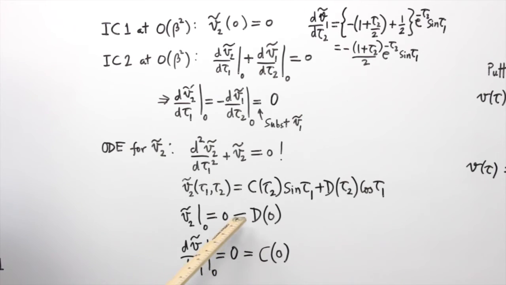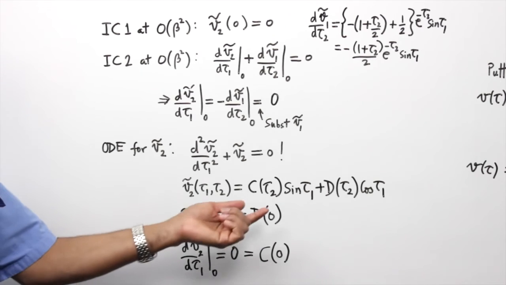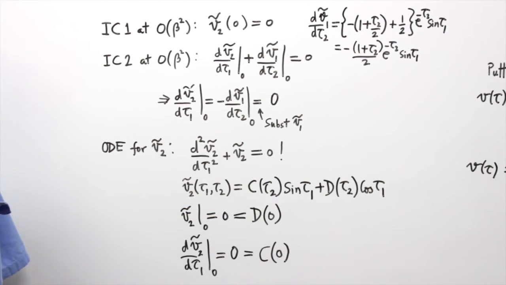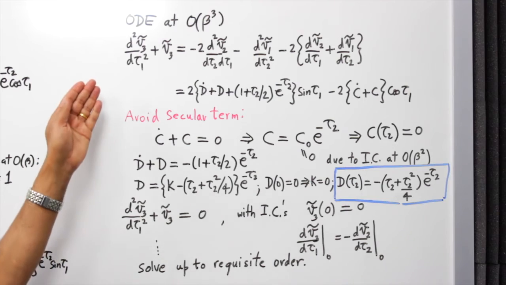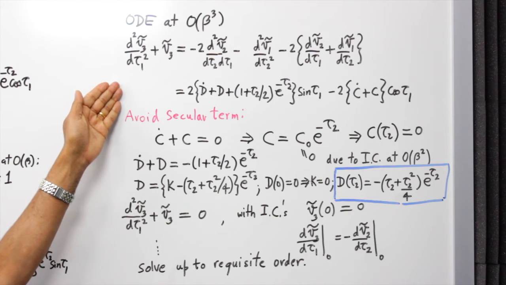So at this stage we have unknown functions capital C and capital D, and we need to go to the next order in the expansion to find equations which determine them, and that is what we will do next.